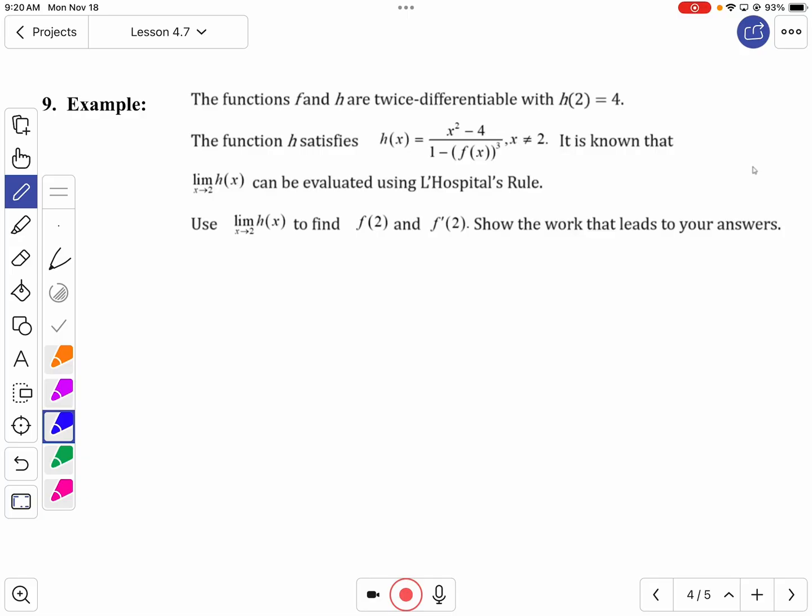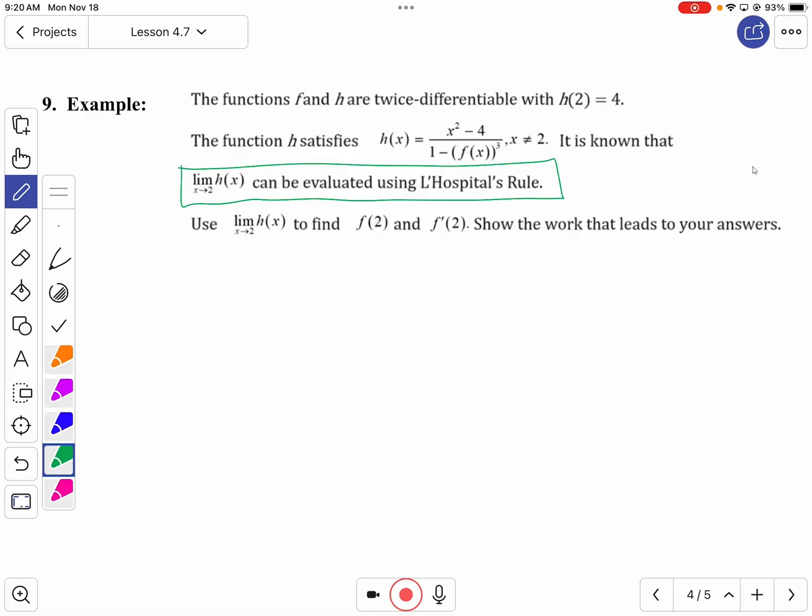Now, y'all, this is a tough problem. We got to think about how we're going to make it work. The one thing that really sticks out to me right here is that it says I can evaluate the limit using L'Hopital's rule. So I don't have to prove that I can, I'm told that I can.